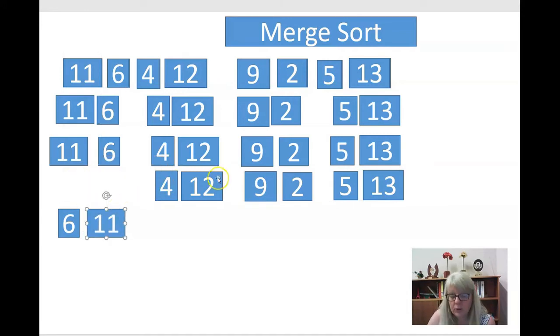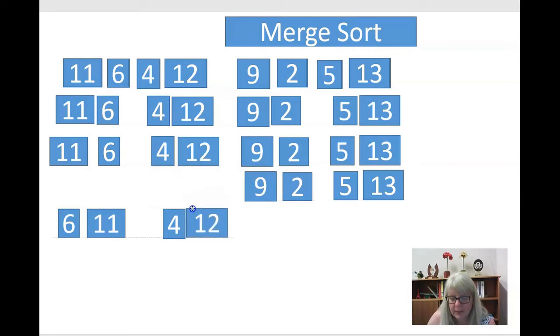We have 4 times to merge 2 baby lists. So let's merge these 2 baby sublists. I have 2 pointers, pointing at the 4 and the 12. The smallest is 4, take the 4 and then the 12. Now you should see that I indeed make them into one list.